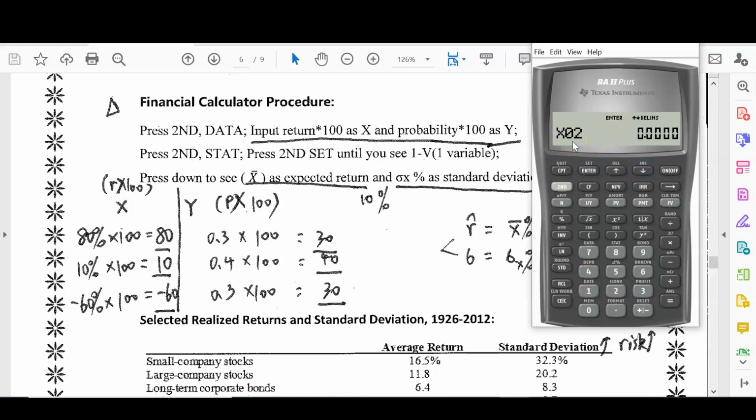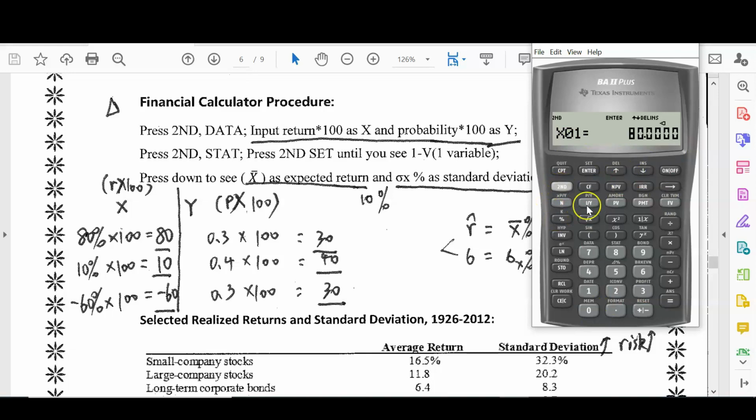X2, return in a normal economy multiplied by 100. So it's 10. Enter. Down button. Y2 is the probability in the normal economy, 0.4 multiplied by 100, 40. Enter. Down button. X3, negative 60. Enter. Down button. Y3, 30. Enter. Double check, no other inputs.